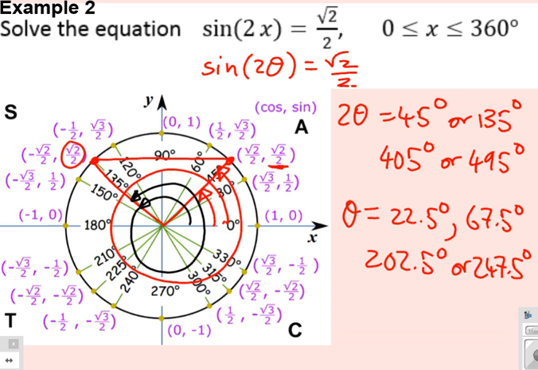If we didn't add on the extra 360, notice these numbers are outside the domain, but when we divide by 2, it gives us 2 answers inside the domain.